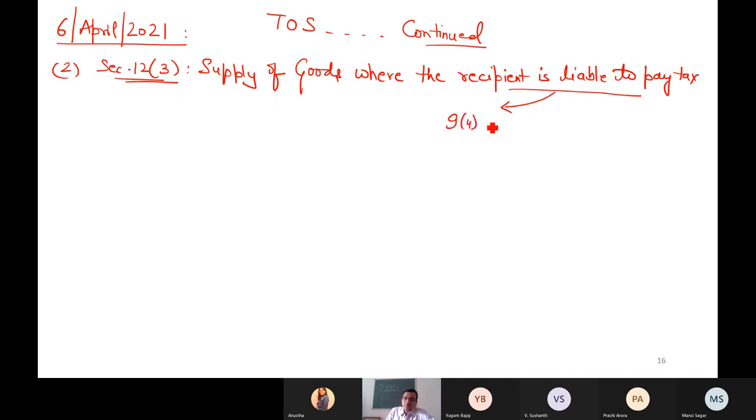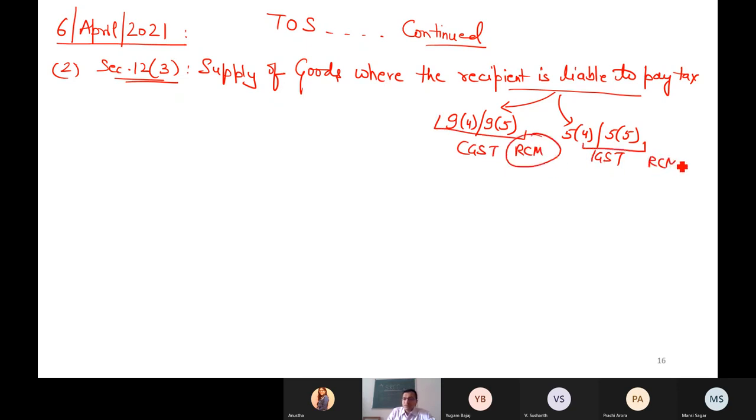It was section 9.4 and 9.5 of CGST and 5.4 and 5.5 of IGST. These are the sections which deal with reverse charge mechanism cases. So there are some selected supplies of services and goods where the recipient is liable to pay the tax. So section 12.3 is basically applicable to such supplies, where this recipient will be liable to pay the tax on which date. This is what this section will tell me.